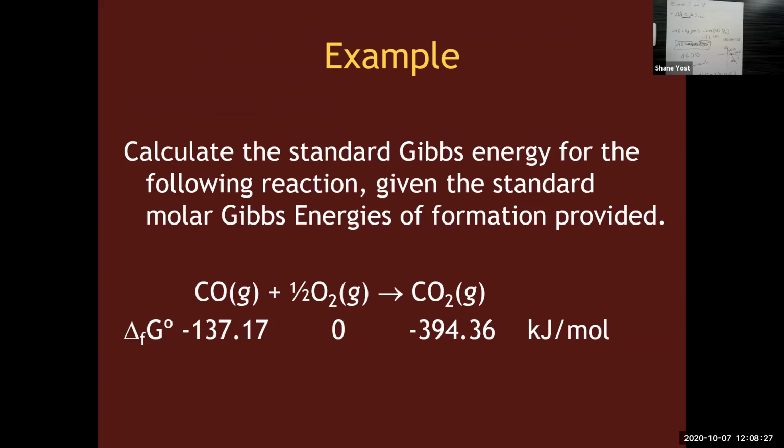Negative 257 kilojoules per mole would be the Gibbs free energy change for this reaction. So we do this the same way we do enthalpies of formation and things like that.